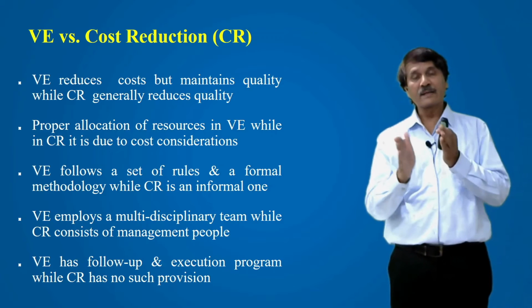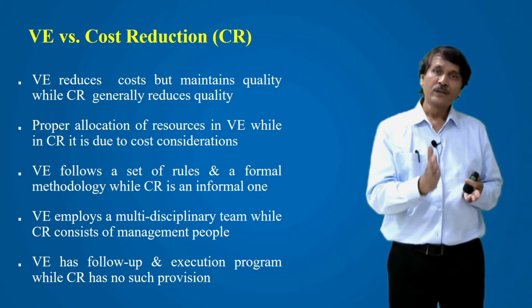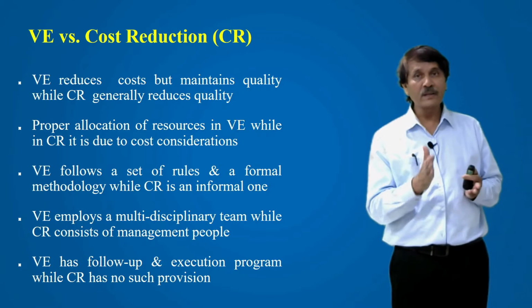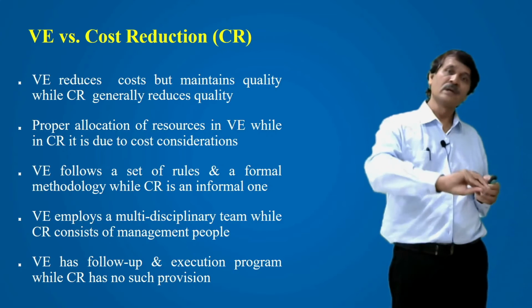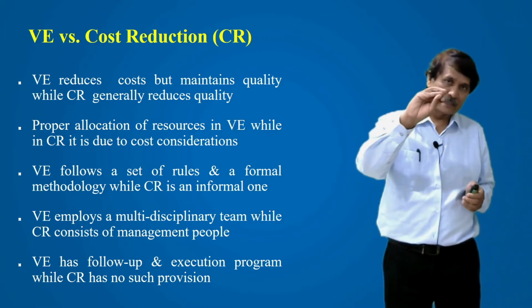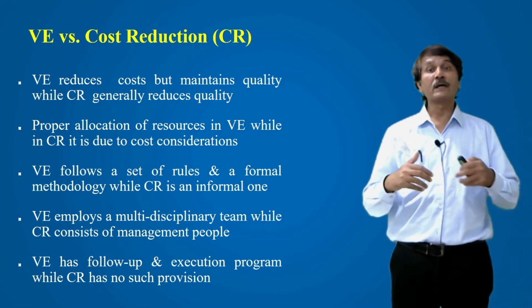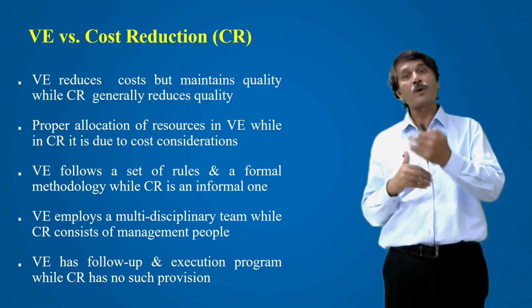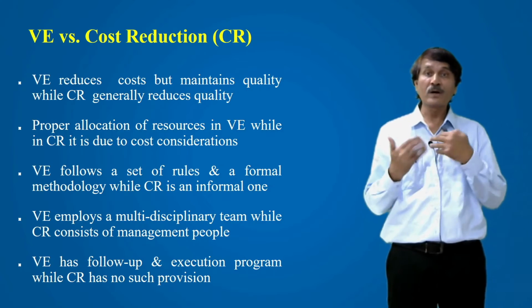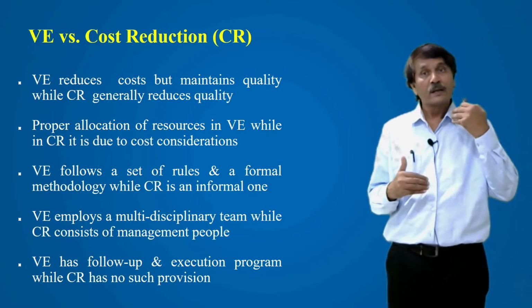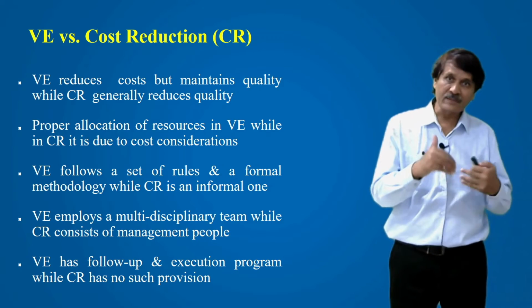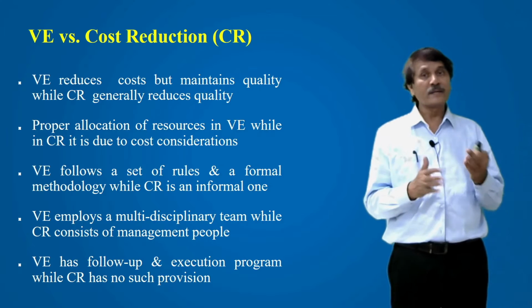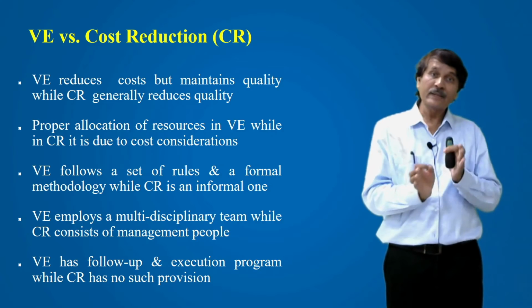But here in the case of value engineering, you are going to properly allocate the resources. That is, you are going to reduce the material not because the cost is going to reduce, but whatever amount is required, you are calculating that, you are finding out, you are using an alternative material in comparison to the existing one, so that the cost may be reduced, keeping the factors constant.